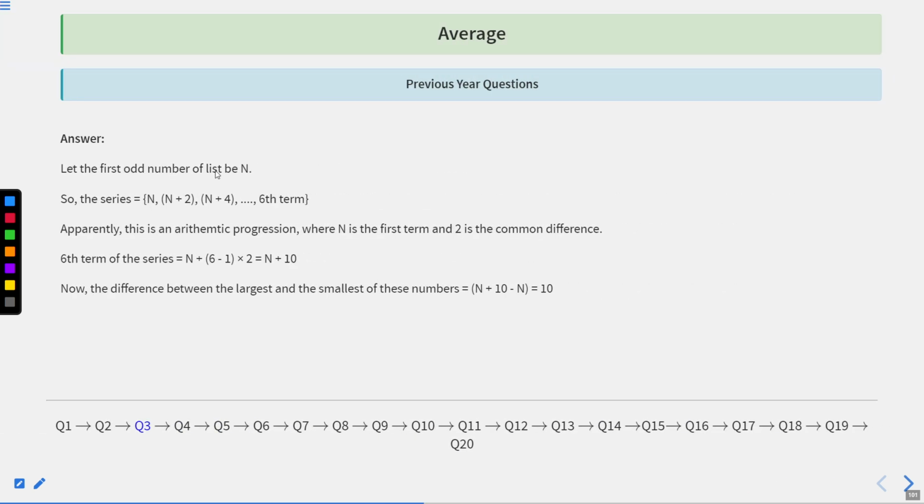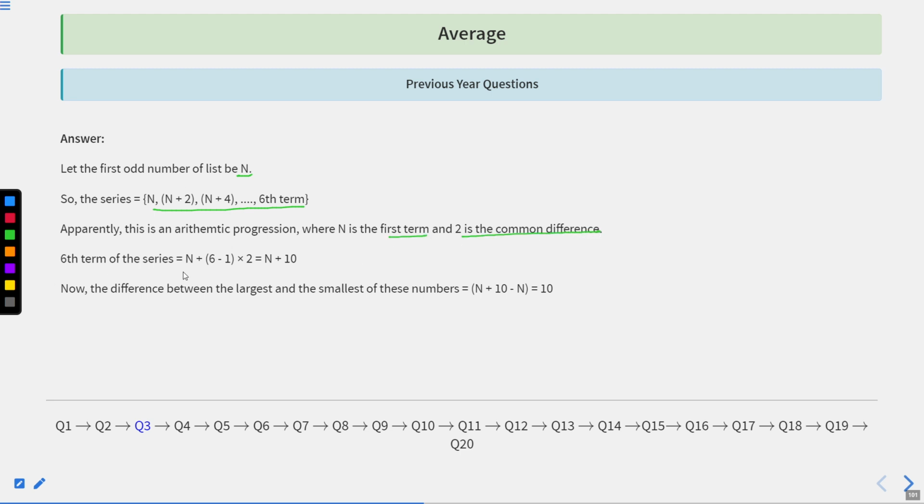So let us suppose the first odd number of the list be n. That means the other odd numbers will be n, n plus 2, n plus 4 and so on till the 6th term. So apparently this is an arithmetic progression where n is the first term and 2 is the common difference.